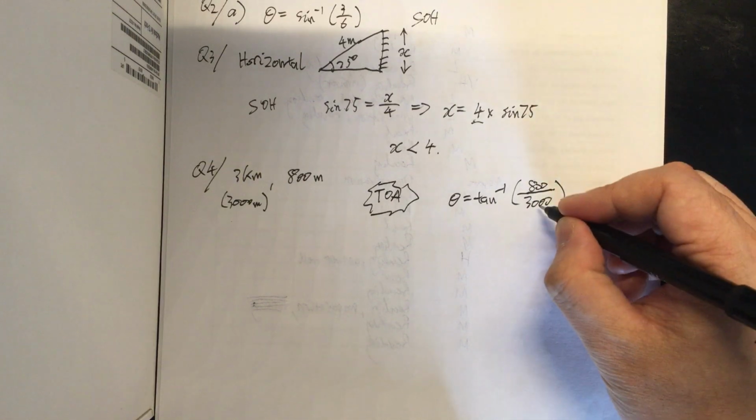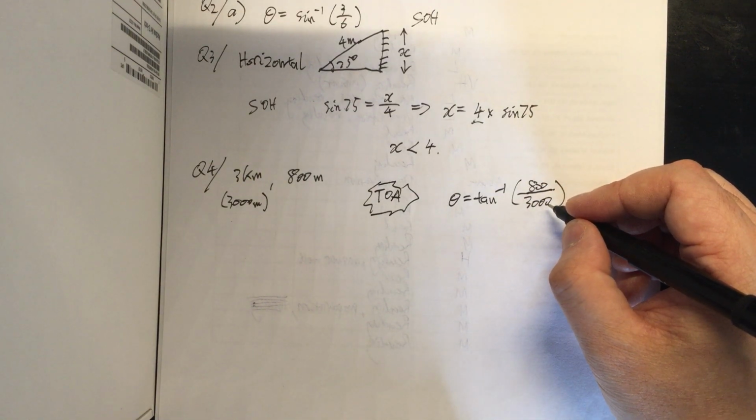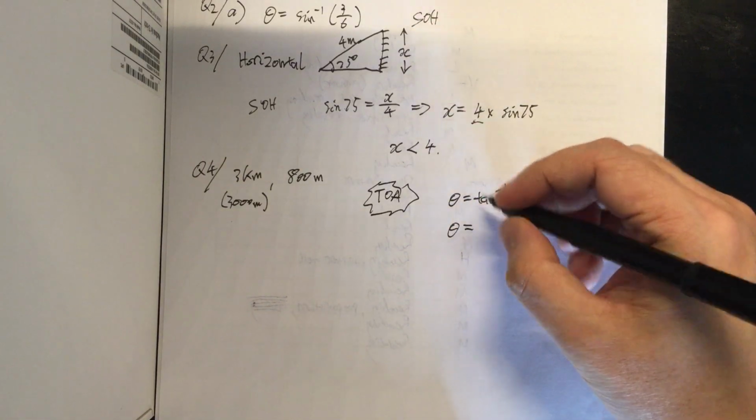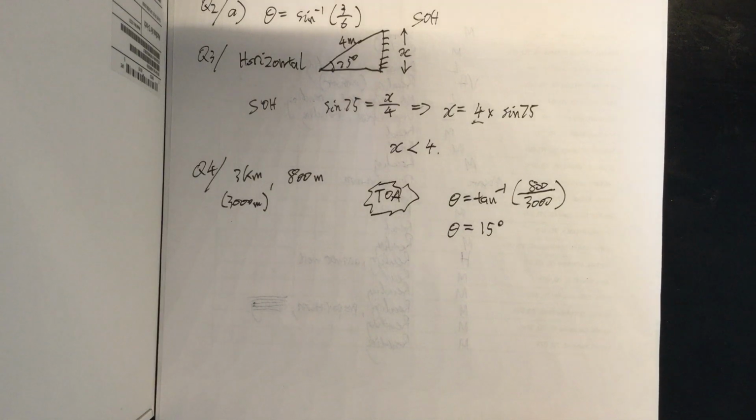Now, a lot of people got wrong answers because they wrote down 3, which evidently isn't correct. From memory, the answer seems to be 15 degrees. If you just look at the angle itself, it's basically an acute angle, okay?